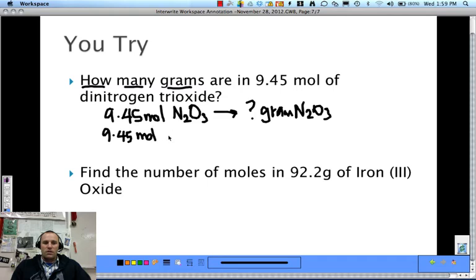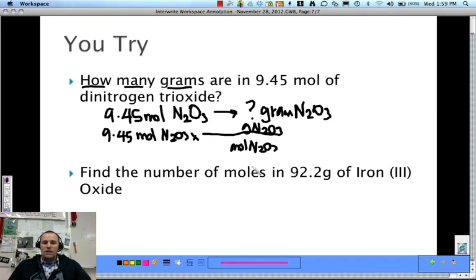Write what you know again. 9.45 moles of N2O3 times and then a line. Moles on the bottom. Can we go from moles of N2O3 into grams of N2O3? And the answer now is yes. How do you find the number of grams?